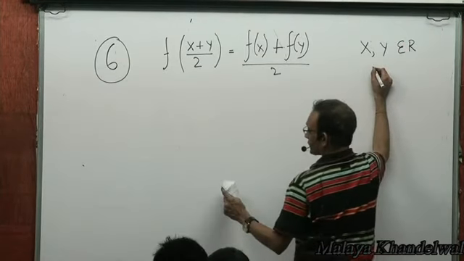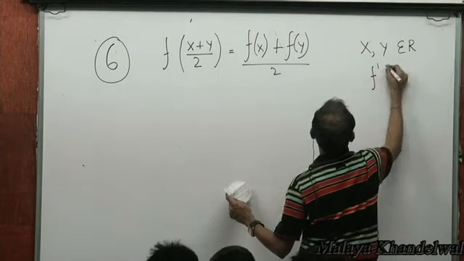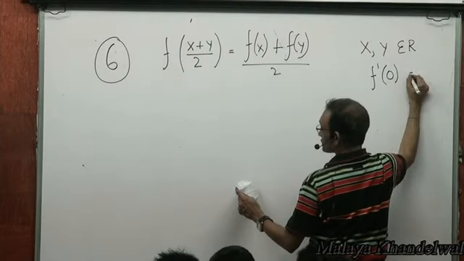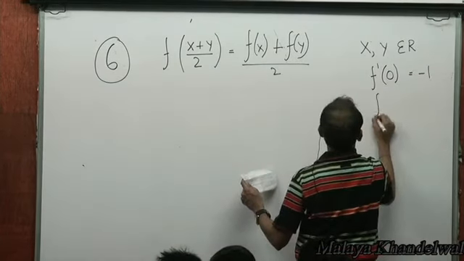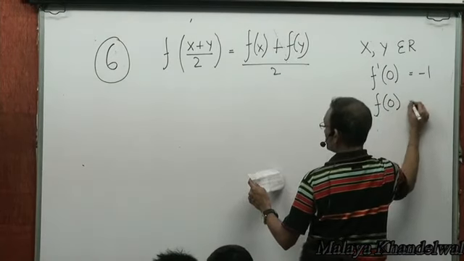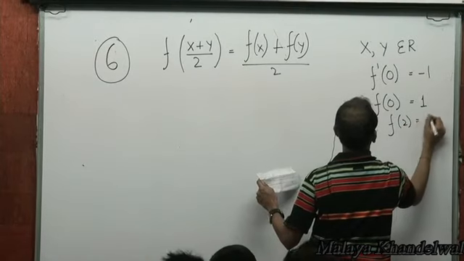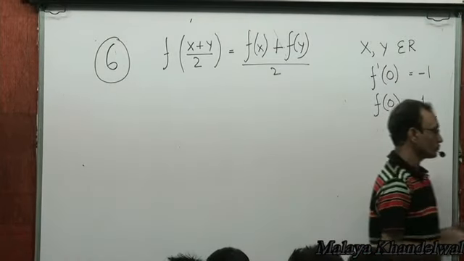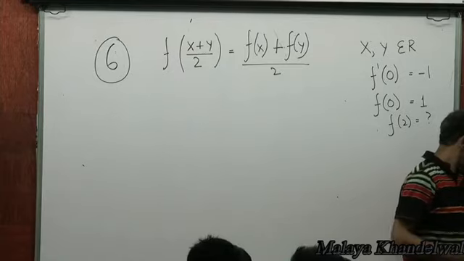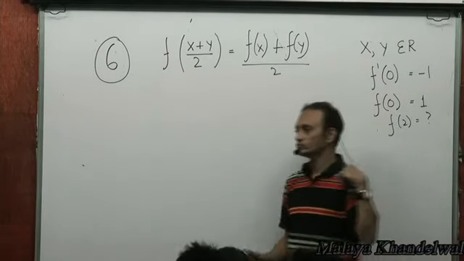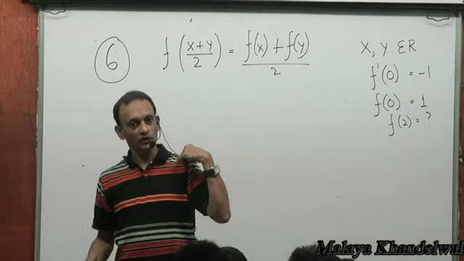It's given that derivative at x equal to 0 is minus 1 and the value of the function at x equal to 0 is plus 1. We want to be able to find f(2).